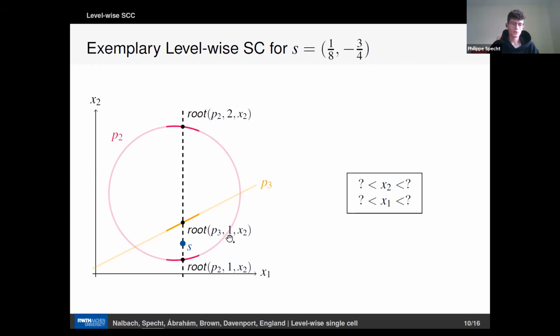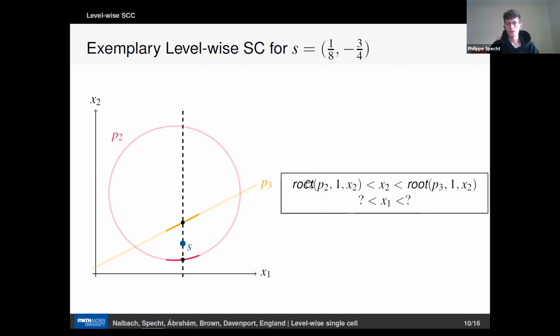This then in turn is the first root of the polynomial P3 when evaluated up to x2. And this is the second root of polynomial P2 when evaluated up to x2. And also, as seen before, we now take the bounds that are closest to our point in this dimension, which is this as the lower bound and this as the upper bound, and we insert those right here.